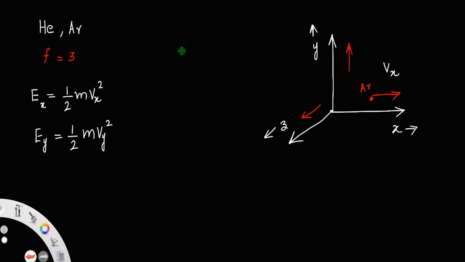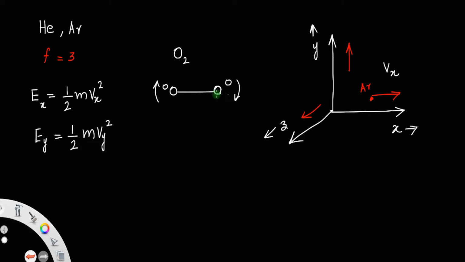Suppose you have a diatomic molecule, let's say oxygen O2. This is just a rough sketch of the O2. Here it is O and here another O. For this diatomic molecule, it can rotate.